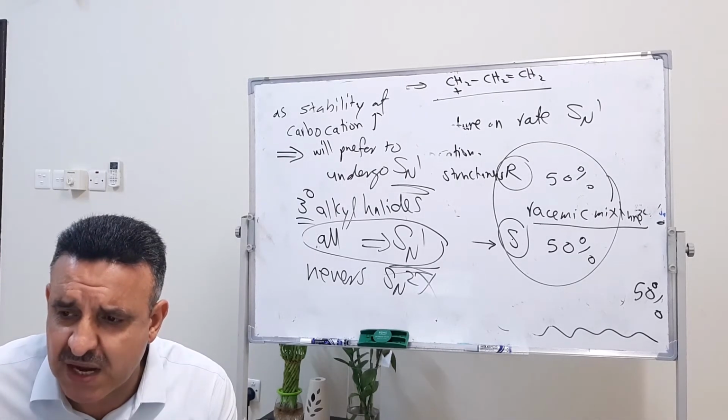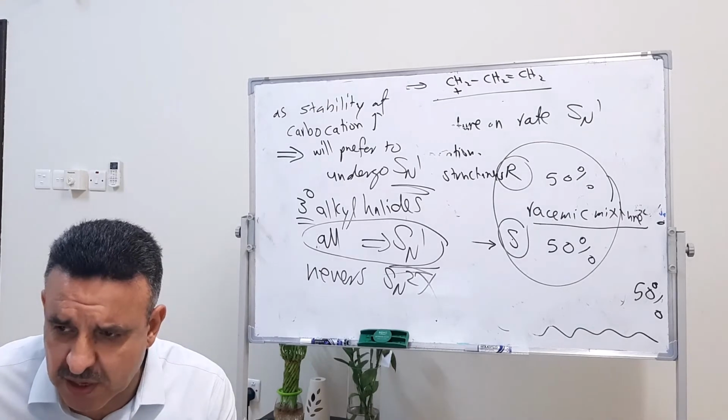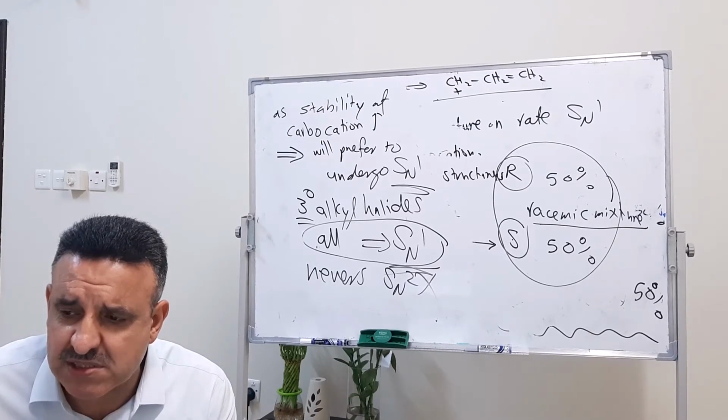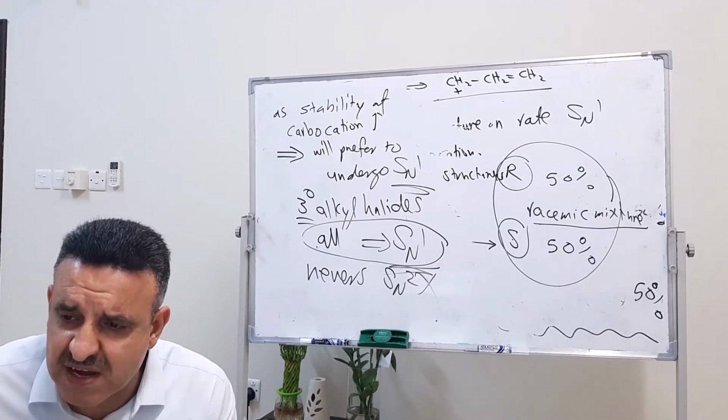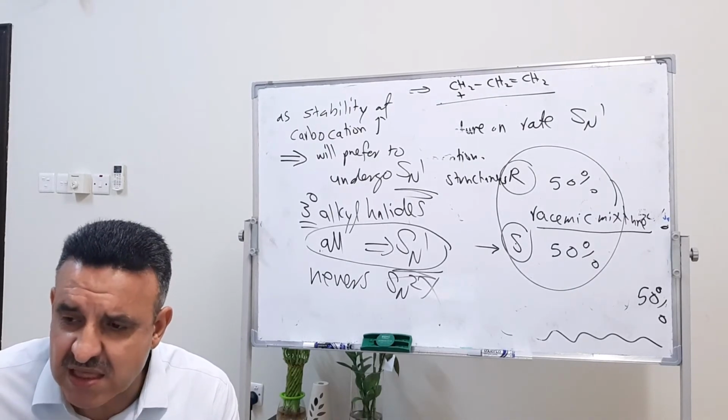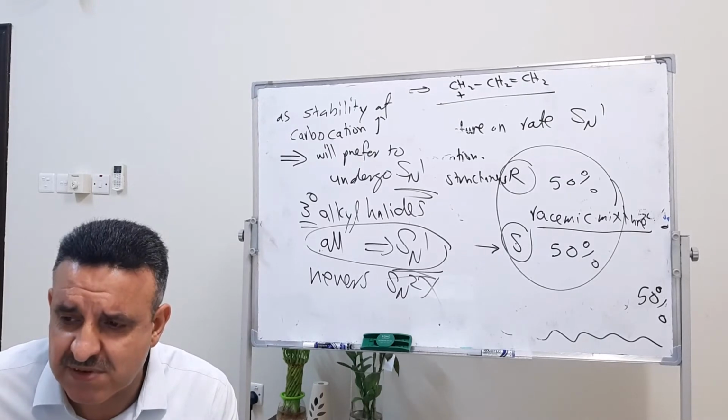But if you want to break the allylic carbon-chlorine bond, then the bond energy will be less, 289, and the benzylic will be approximately 293, which is very much less compared to this bond strength. And the reason for that is simply the previous slide.